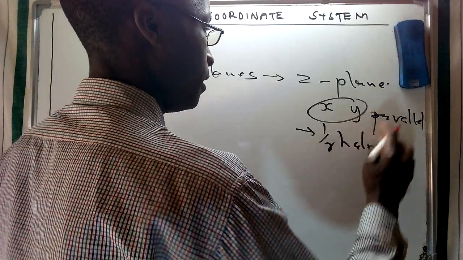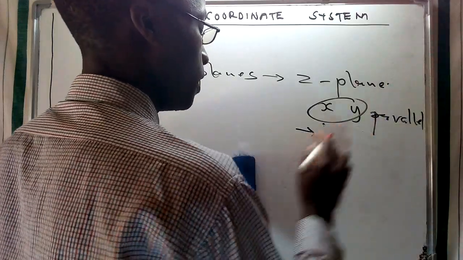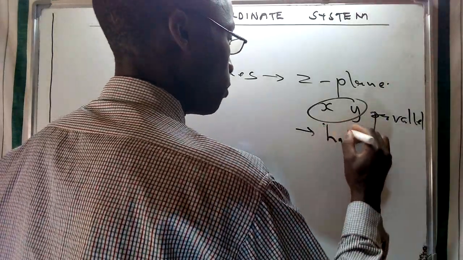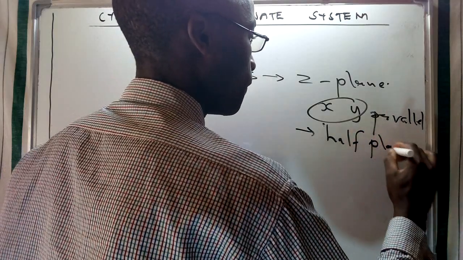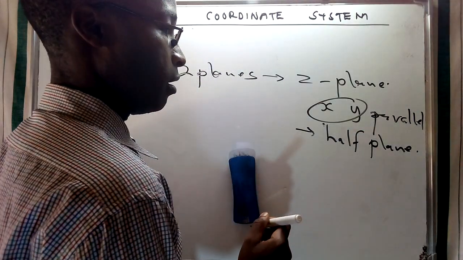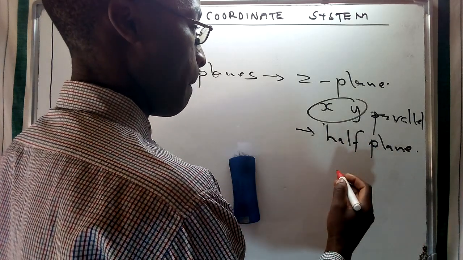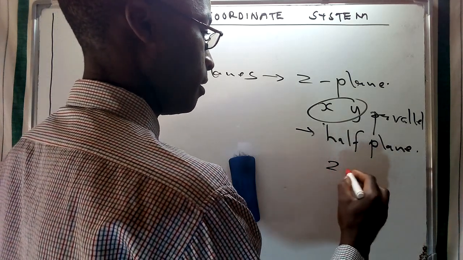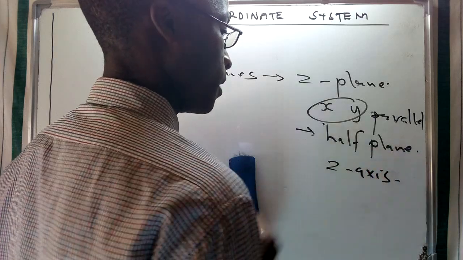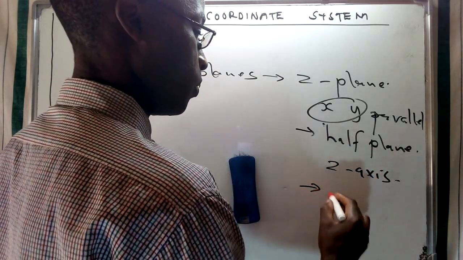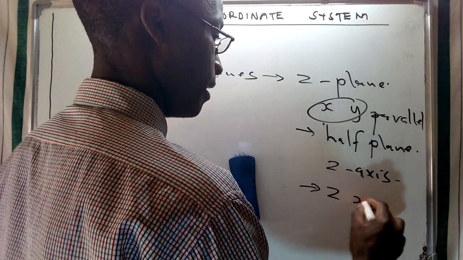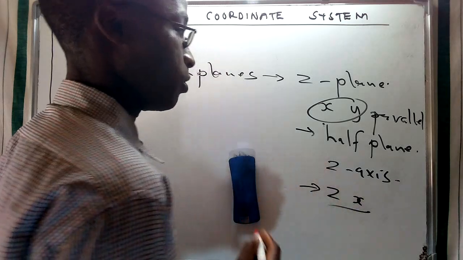And this half plane is basically going to be a plane that is going to be parallel to the Z axis, and it's going to form an angle with the ZX plane, as we're going to see also in our illustration.